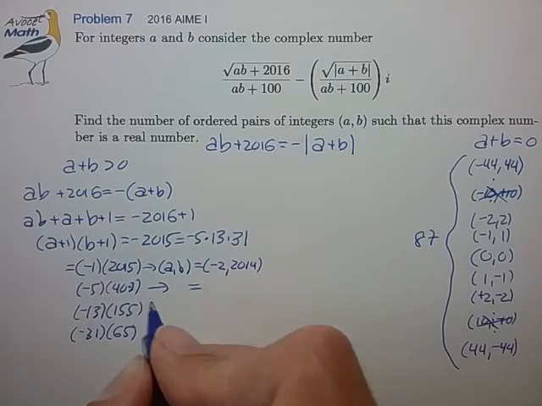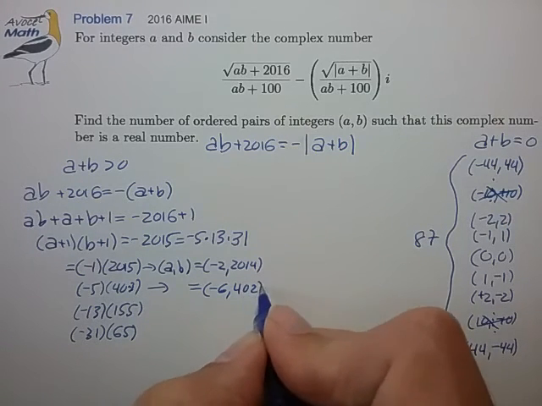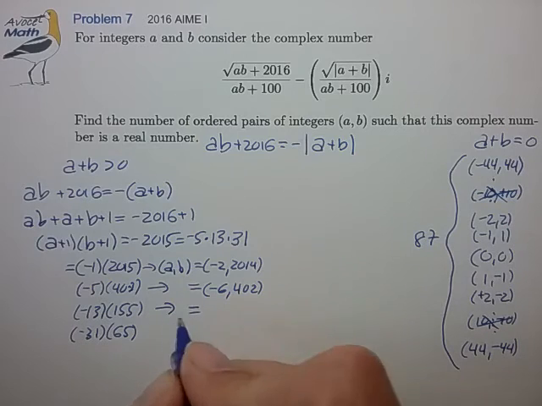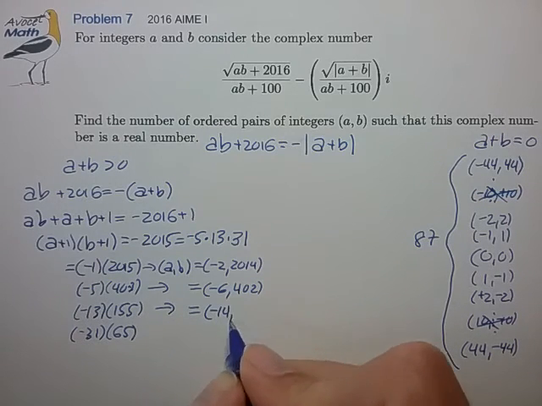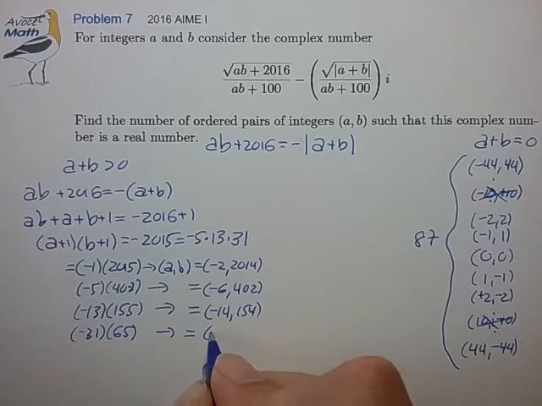This one yields minus 6, 402. This one yields, and so on.